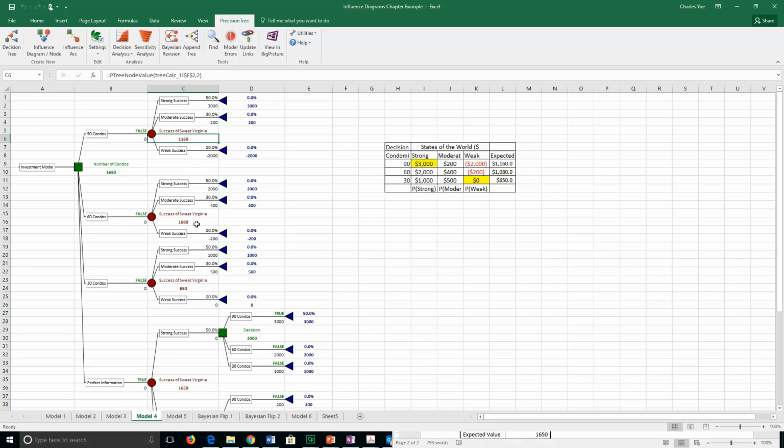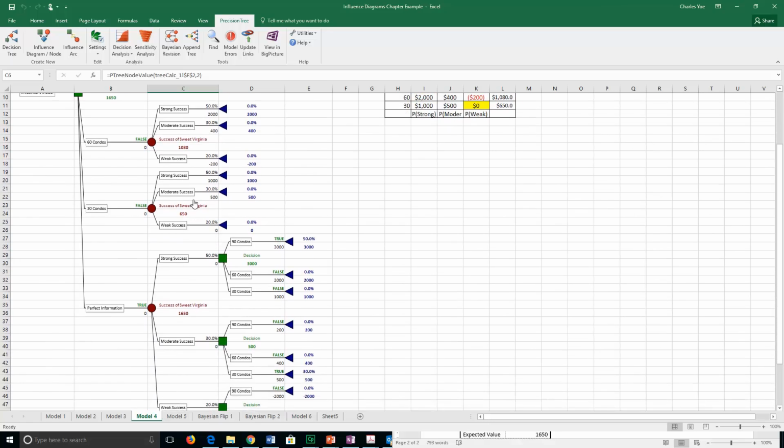These are values that are familiar from the first decision tree model. The best expected value is obtained from 90 condominiums and is shown here in cell C6.